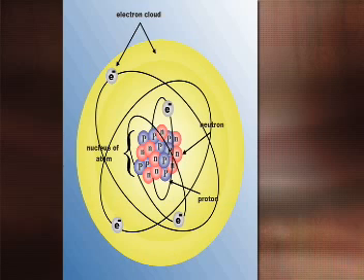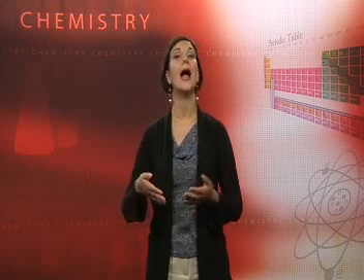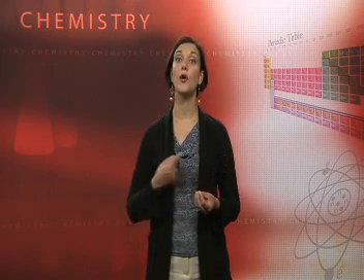The principal quantum number designates these orbits. This number is represented in the atomic model by the small letter n. The principal quantum number has a value of 1, 2, 3, and so on, depending on the number of orbits in the atom.